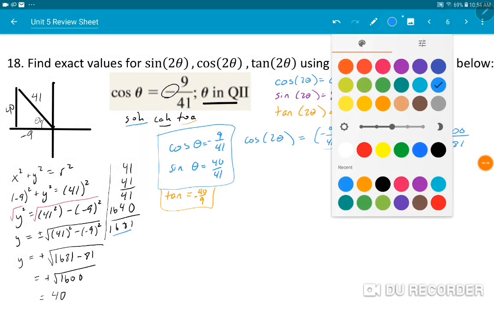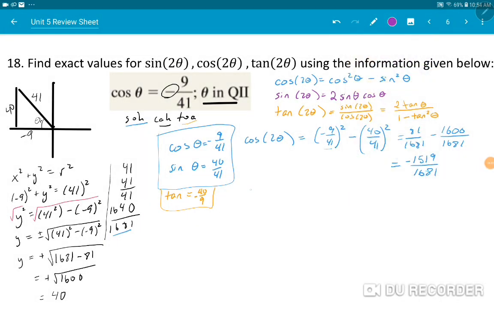Okay, going on to sine, we get sine of 2 theta equals my formula here, which is 2 times sine of theta, 40 over 41, times cosine of theta, negative 9 over 41. I'm going to put that in parentheses so I don't accidentally subtract.